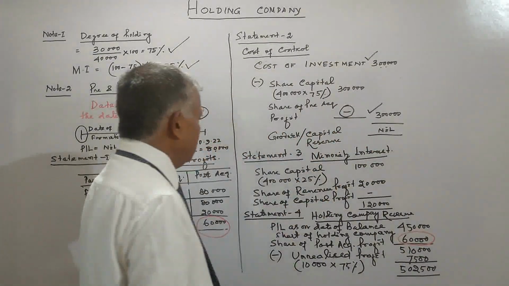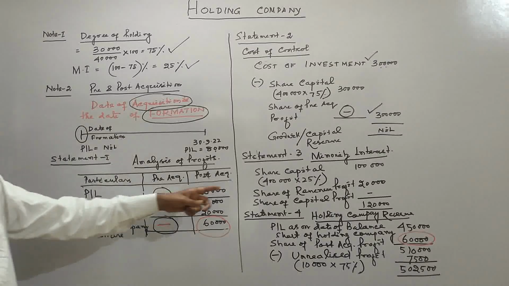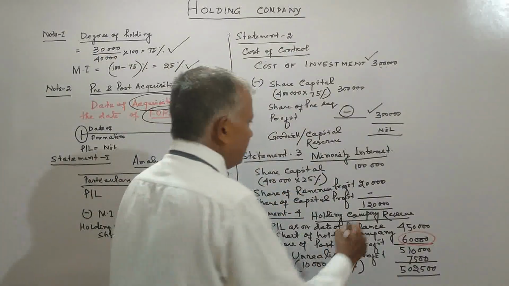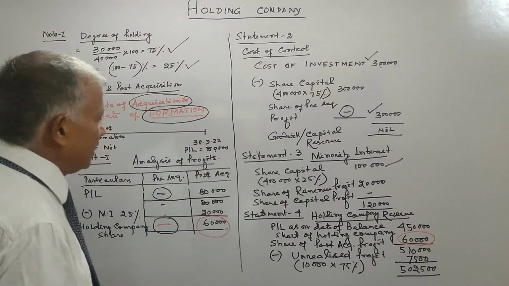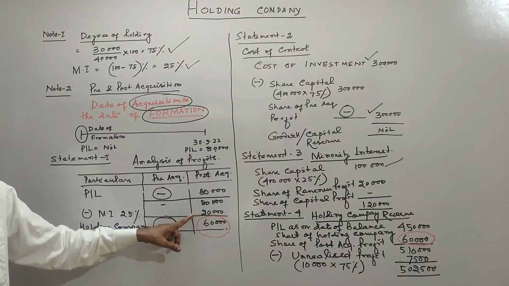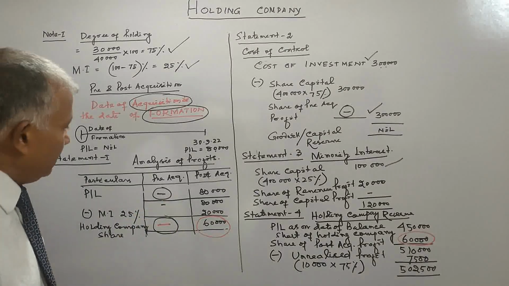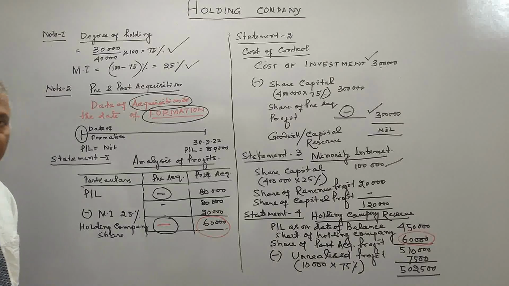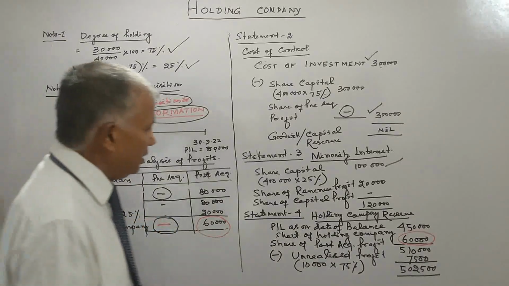Then we come to statement 3, that is minority interest. The share capital is 4 lakh, 25% belongs to the minority, that is 1 lakh. Share of revenue profit is 20,000 and share of capital profit is nil, because post acquisition profit is 20,000 and pre-acquisition profit is nil.